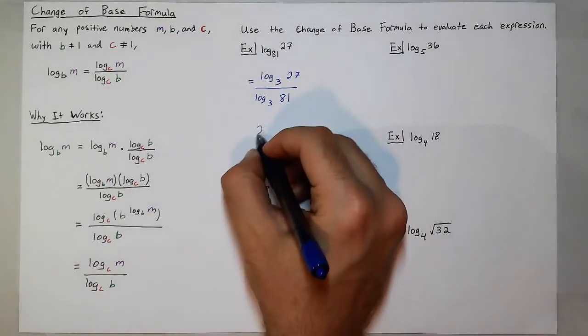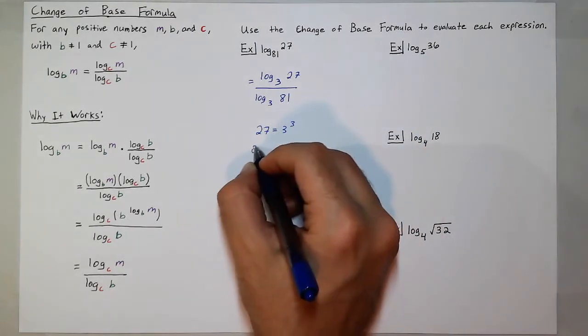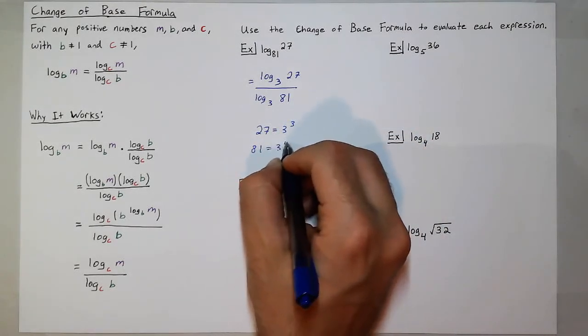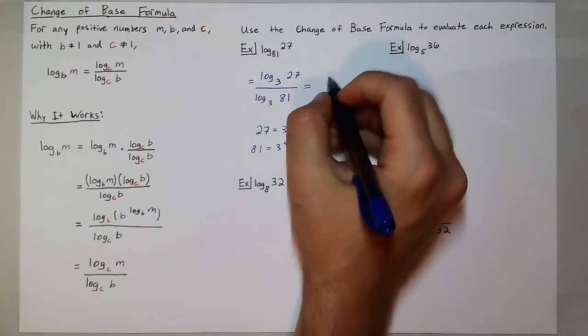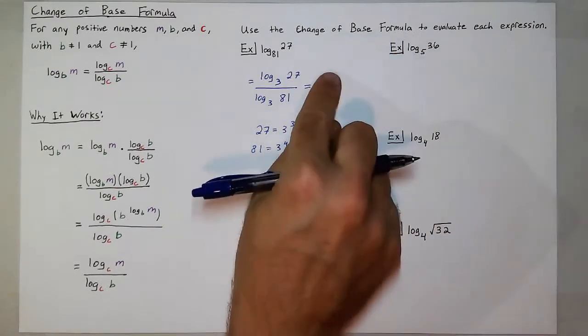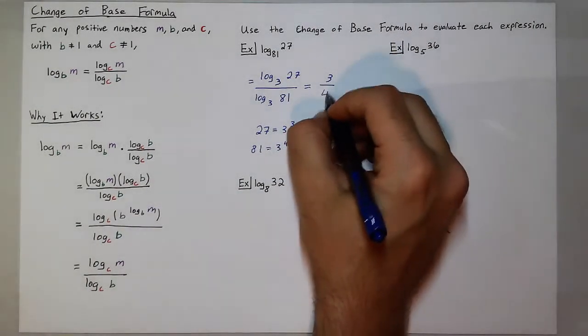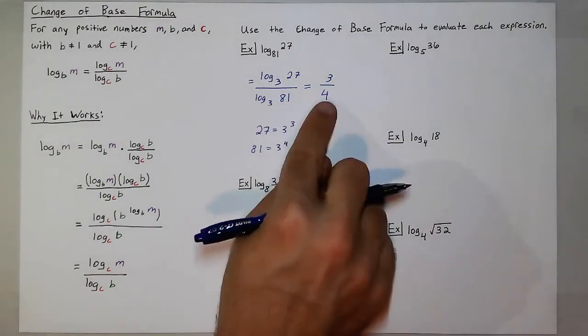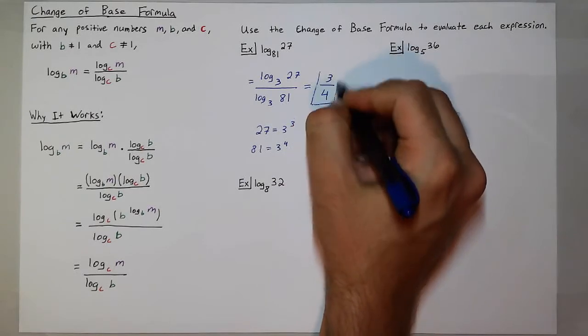Now, 27 is also known as 3 to the third, and 81 is known as 3 to the fourth. So this can be simplified as 3, since 3 is the power you raise 3 to get 27, over 4, since 4 is the power you raise 3 to get 81. So you just get 3/4.